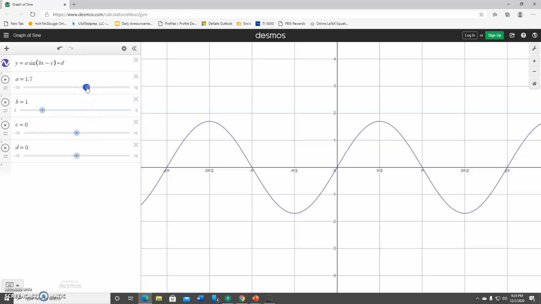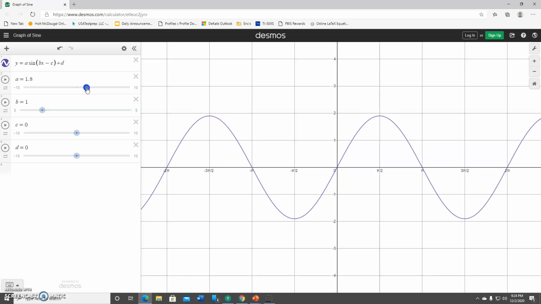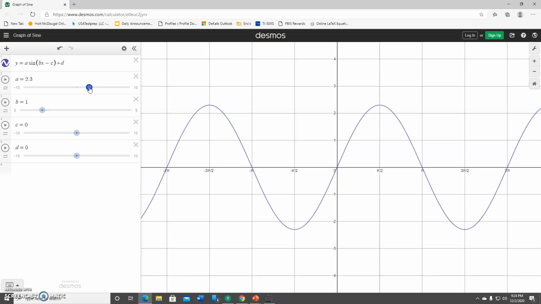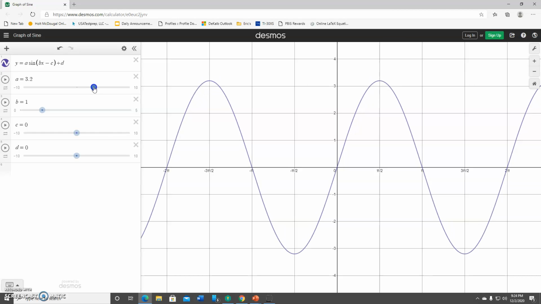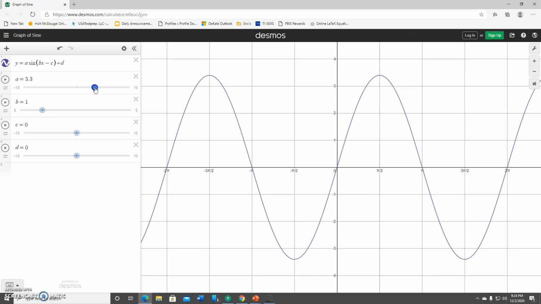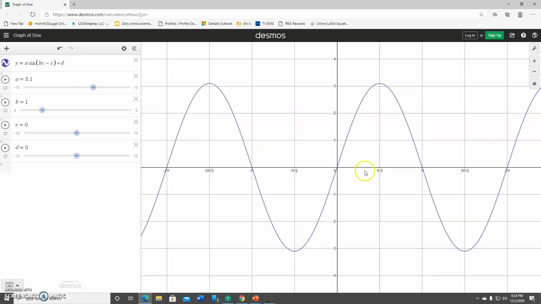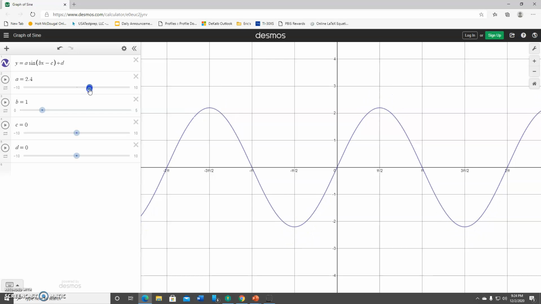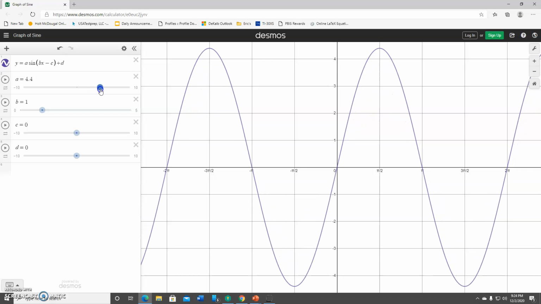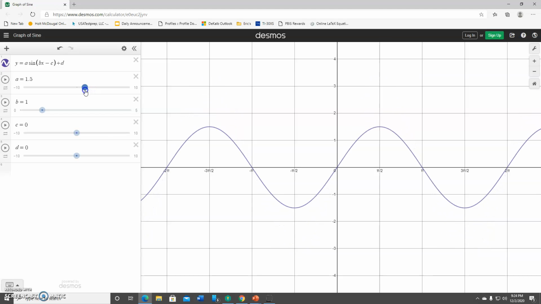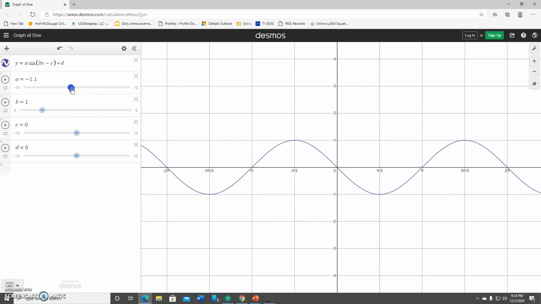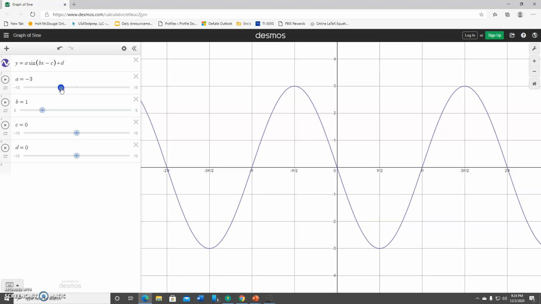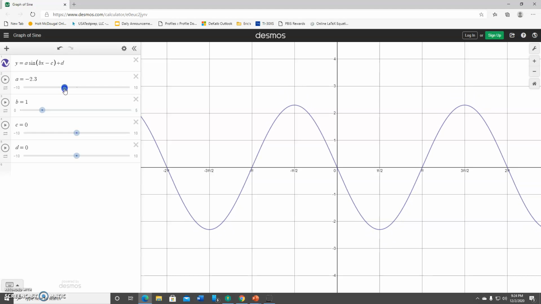As A increases, I notice that the height increases, or better yet, the amplitude increases. As A goes up, so does the amplitude, meaning the distance between the midline and the max, or the midline and the min. So just from this simple discovery, we can see that the A impacts the amplitude. Now, if I made my A negative, you should have expected that it begins to reflect.